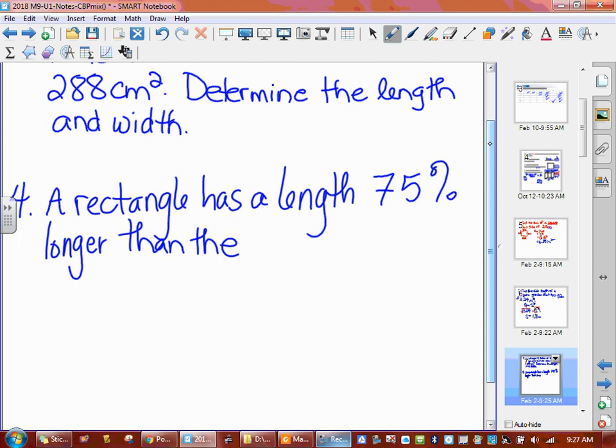A rectangle has a length 75% longer than the width, and an area of 448 centimeters squared. Determine the length and width.